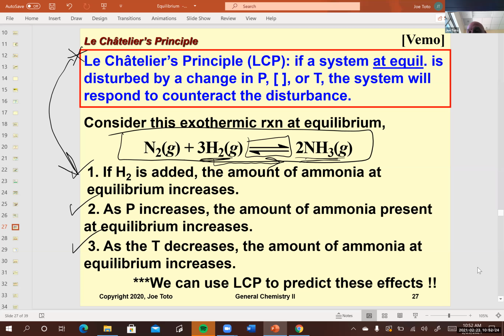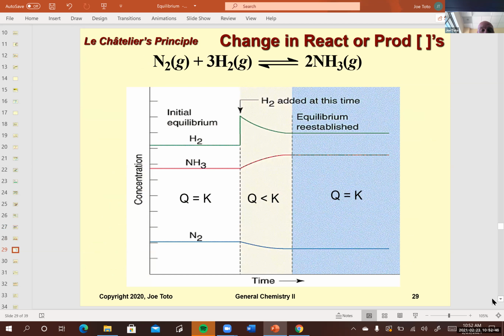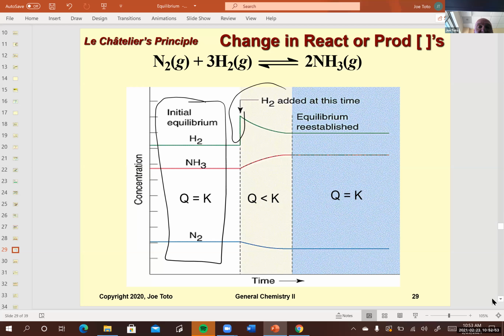Let's take a look at a picture of that. Oh, and it also goes along with the Q compared to K concept, which way it's going to shift. So Le Chatelier's principle agrees with the Q concept, the reaction quotient. And here's the picture. So here we are at equilibrium, where Q equals K. All of a sudden, somebody injects some hydrogen gas into the system. Now we're not at equilibrium anymore.